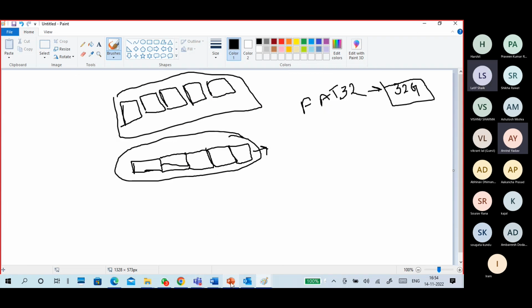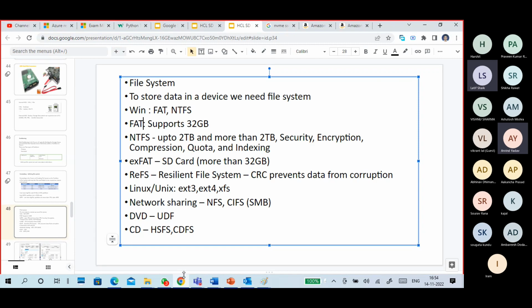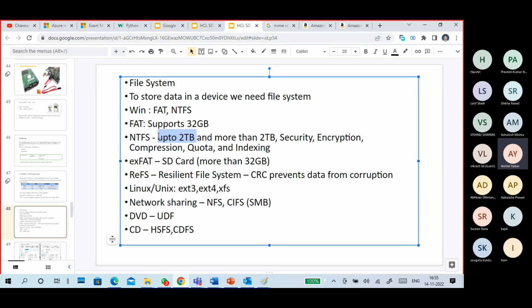Whereas NTFS supports 2 terabytes and more than 2 terabytes. In the old Windows XP time it was 2 terabytes. Now it is more than 2 terabytes.